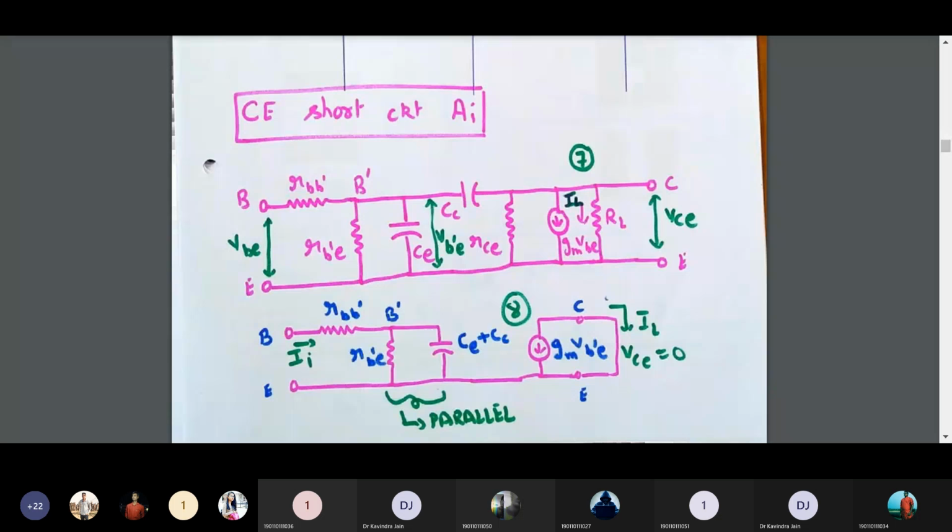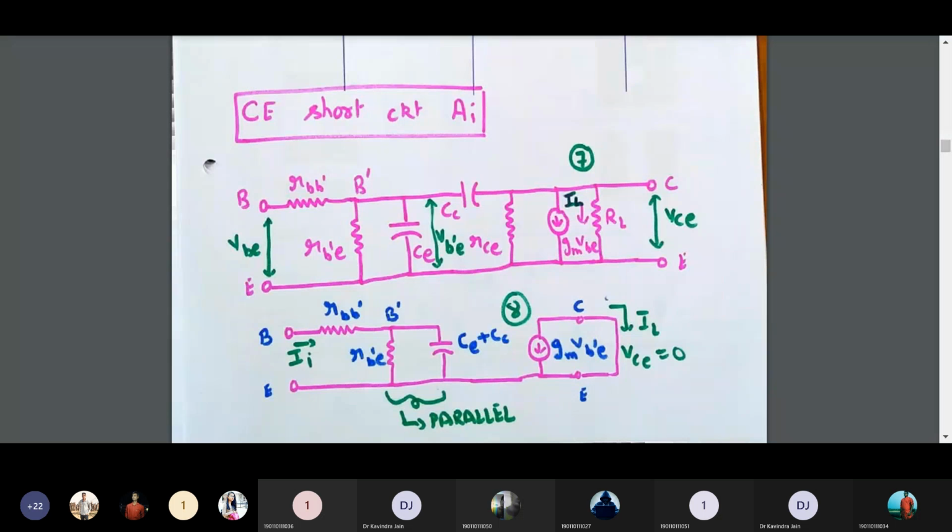RCE is already short circuited, and CE and CC both appear in parallel. So we have drawn the modified diagram of figure number 8. I hope it is now clear how figure number 7 has been modified to figure number 8.